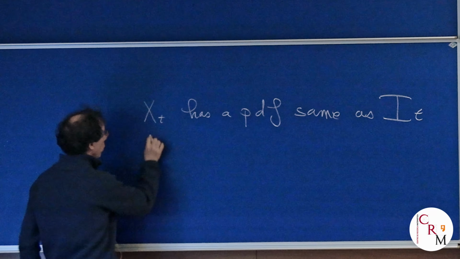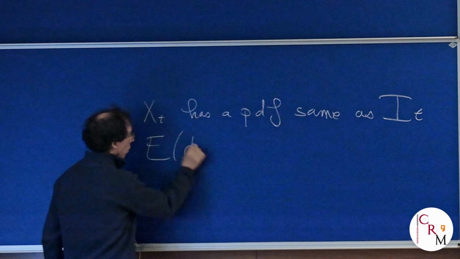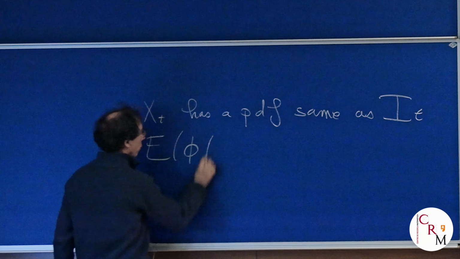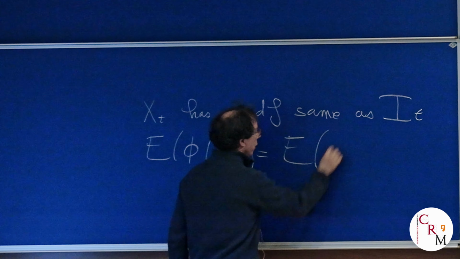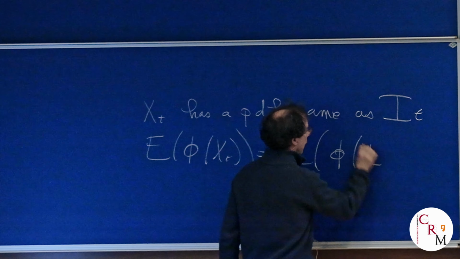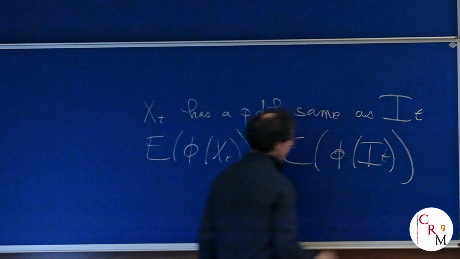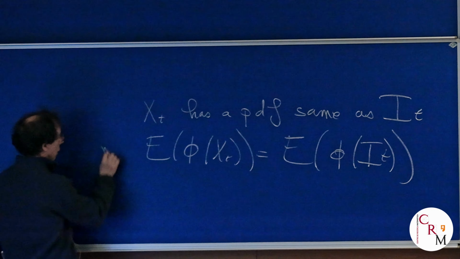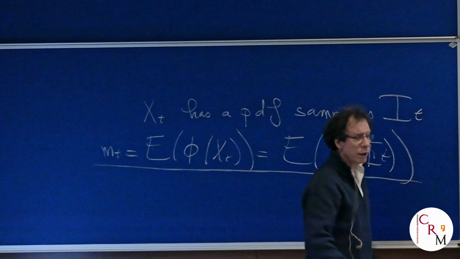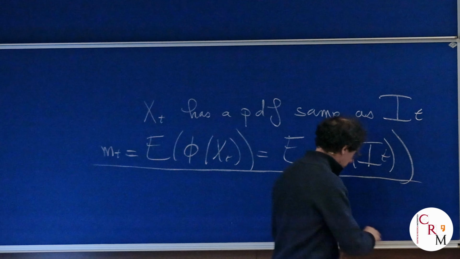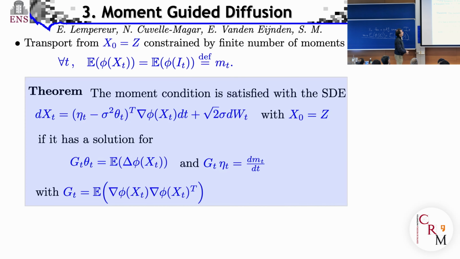Here, I'm just imposing that a few of the moments, m of these moments, are the same. So the condition is much weaker than in the case of a stochastic interpolant that you estimate with a gradient, with a neural net.